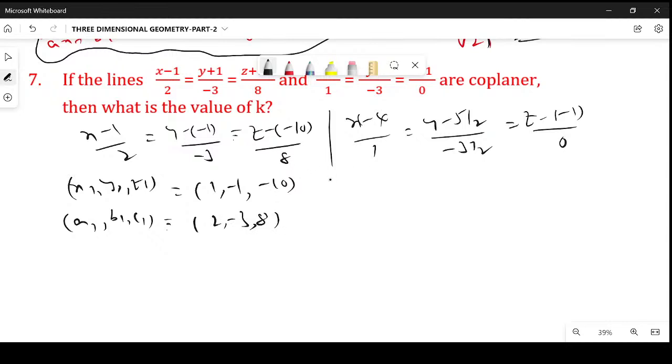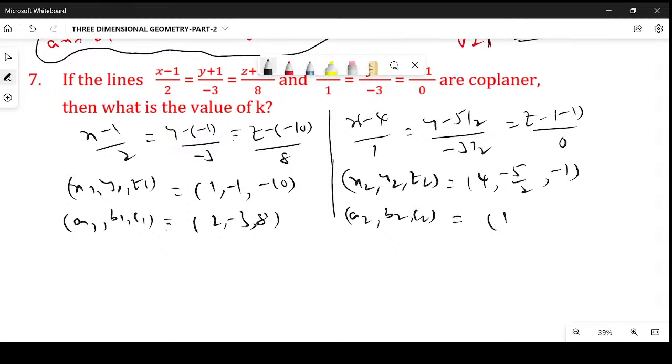In this case, you will get the point x2, y2, z2: 4, minus 5 by 2 and minus 1. Similarly a2, b2, c2 will come 1, minus 3 by 2 and 0. Multiplying this direction by 2, it will come 2, minus 3, 0. The direction ratios of the first line are 2, minus 3, 8.